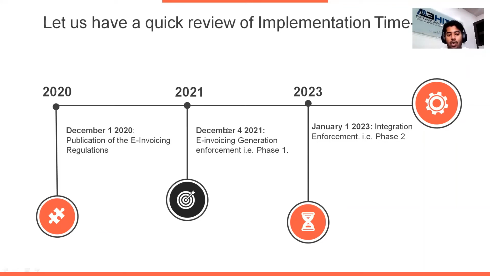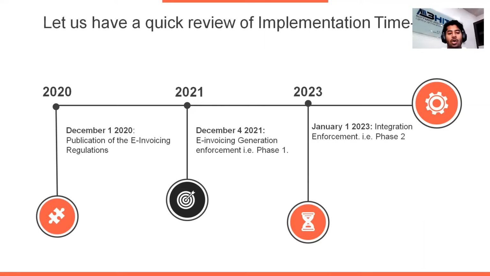And then December 4, 2021, will be the e-invoicing generation enforcement phase. Basically, from December 4, 2021, the first phase of e-invoicing, which is the generation and storage of electronic invoices, will be enforced, and physical copies of invoices will be invalid.